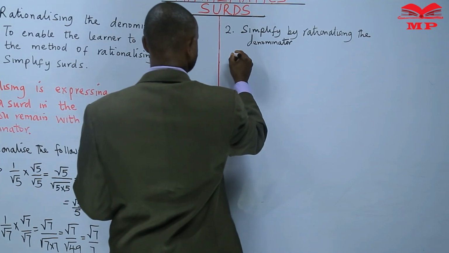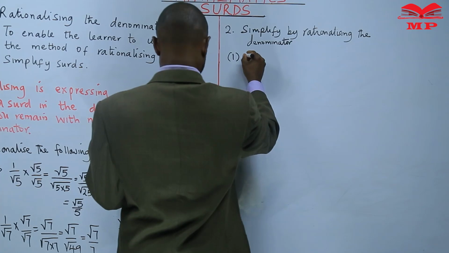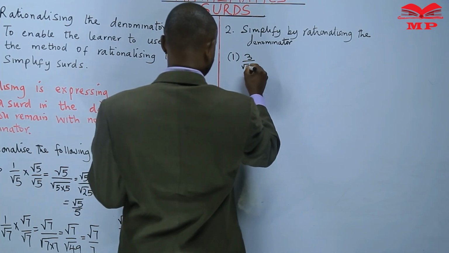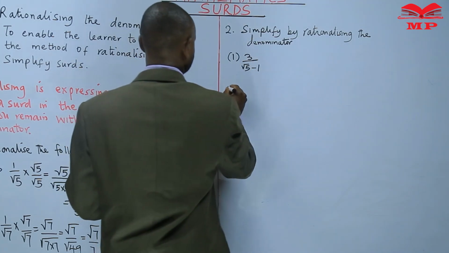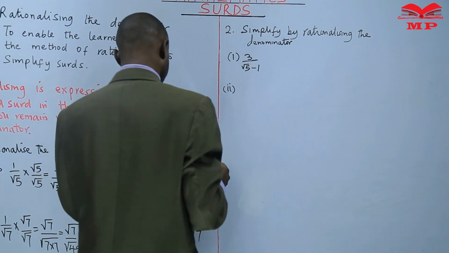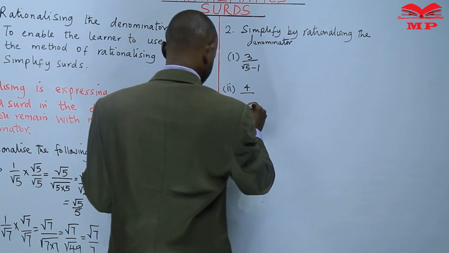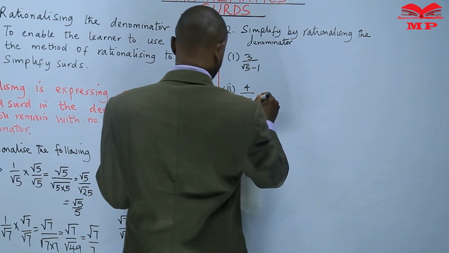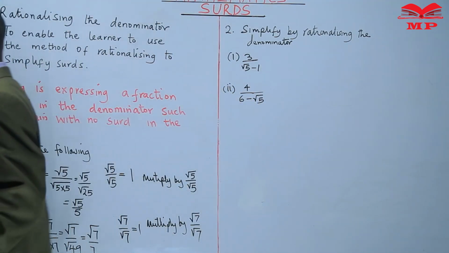We have 1, 3 over square root of 5 subtract 1, and 2, and 2, and 2 we have 4 over 6 minus square root of 5. Here it will be a bit different.